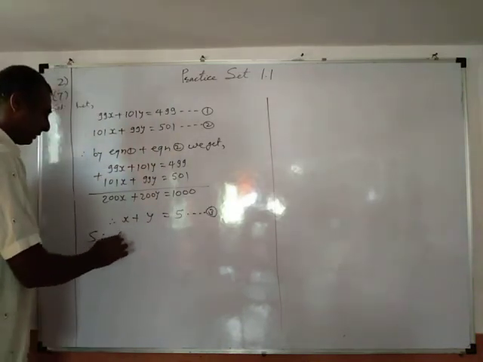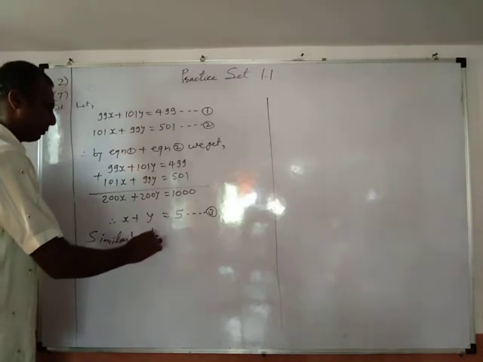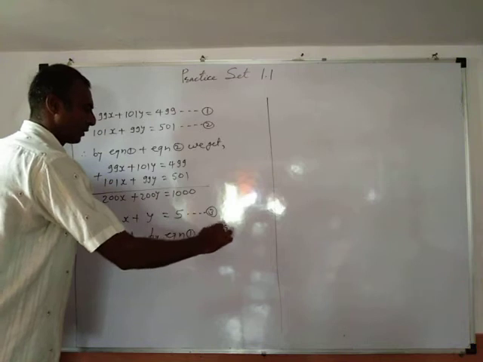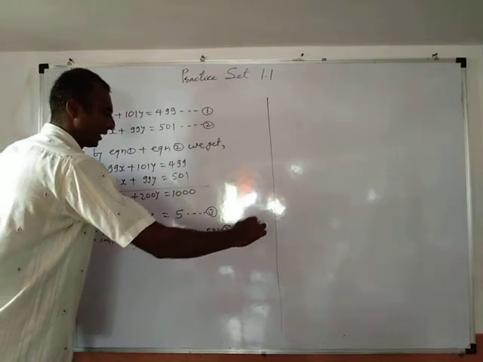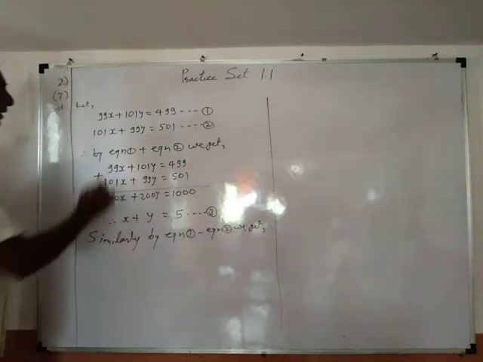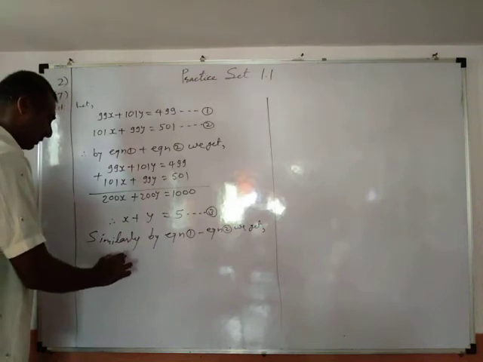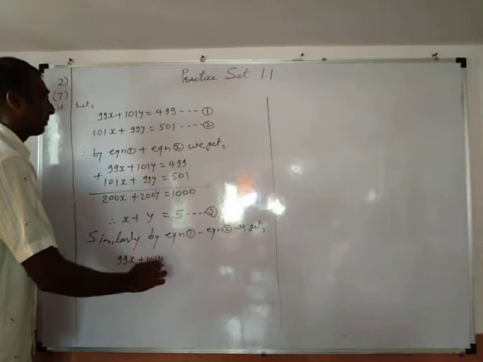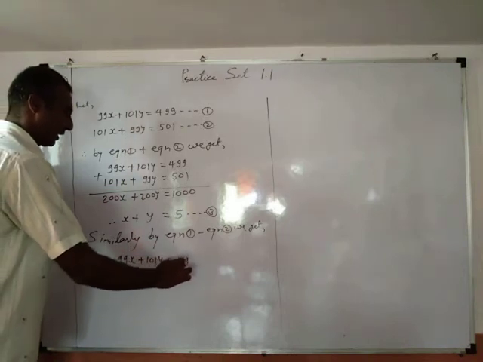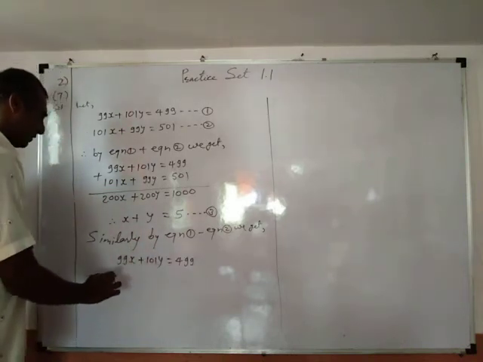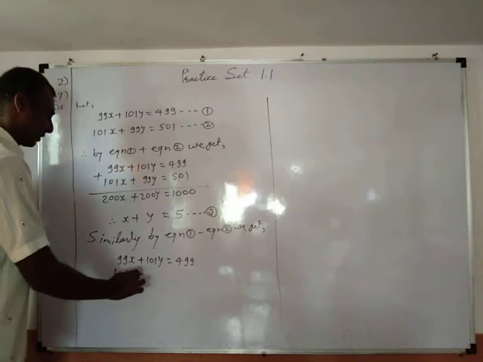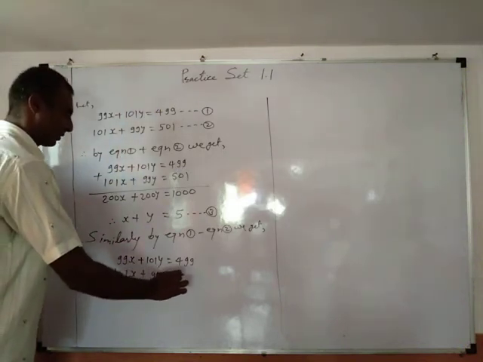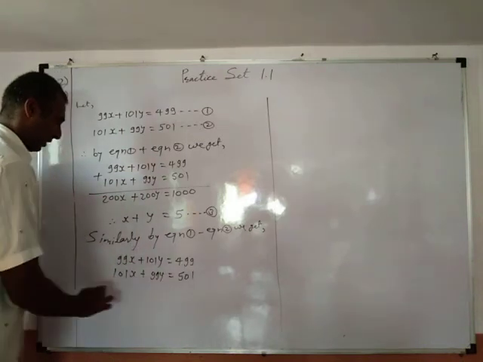Similarly, by equation 1 minus equation 2, let us see what we get. Equation 1 is 99x plus 101y equals 499, and equation second is 101x plus 99y equals 501.